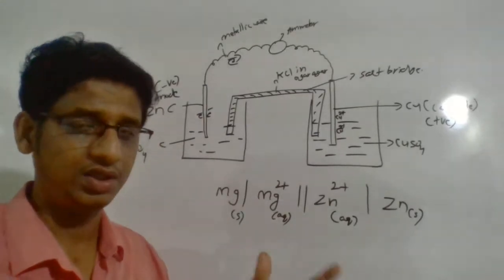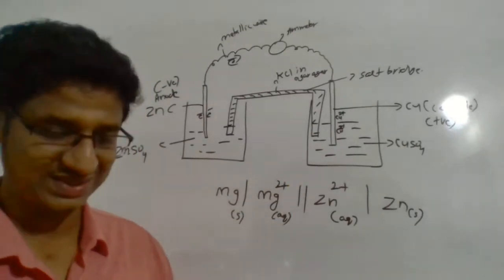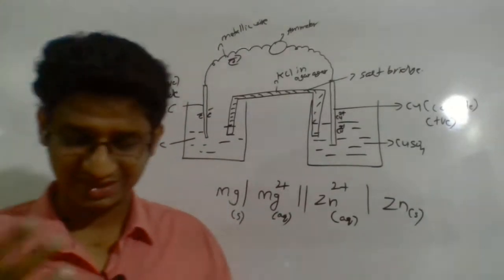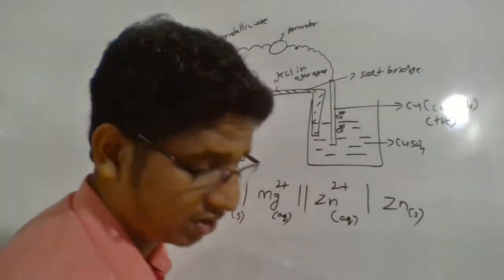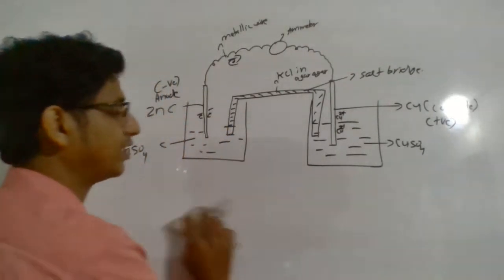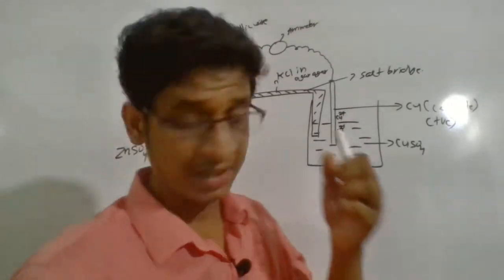So that's the way we can compare. We will discuss the reduction potential value of different electrodes in the next part, where you can understand exactly which electrode will undergo oxidation, which electrode will undergo reduction.